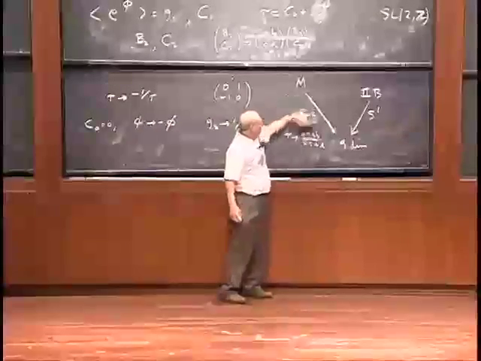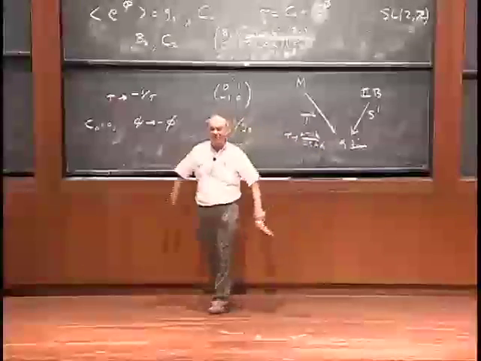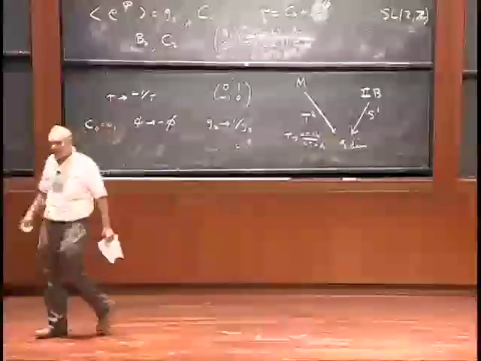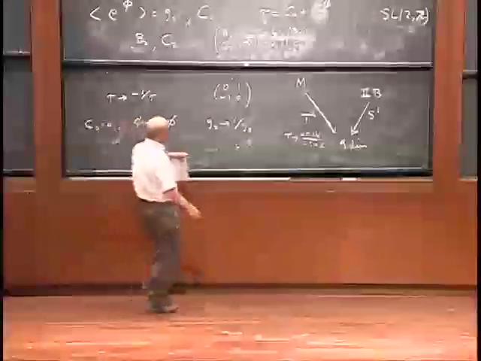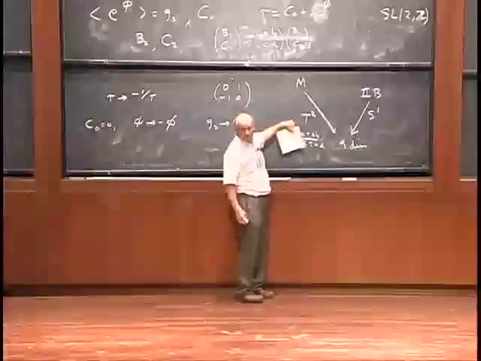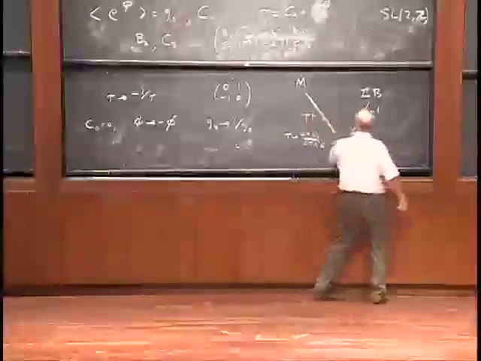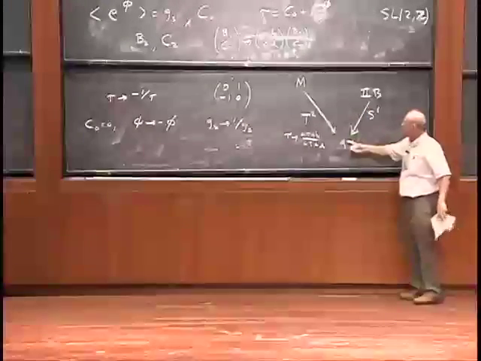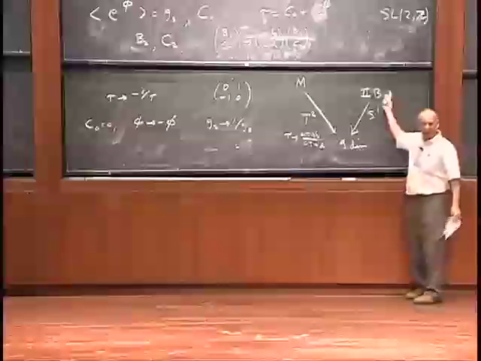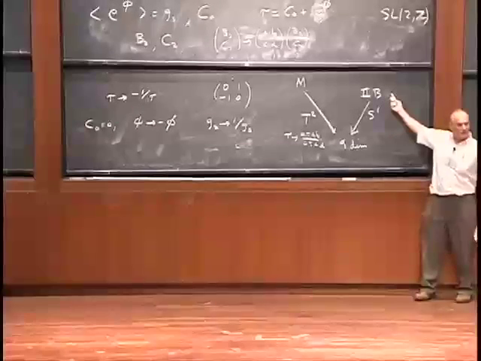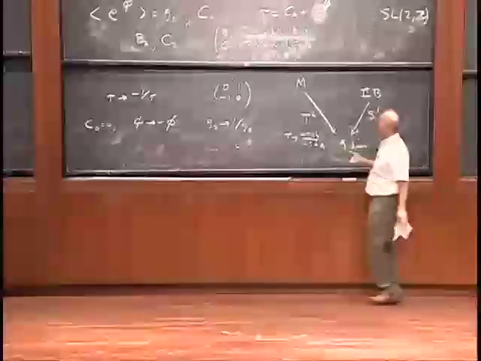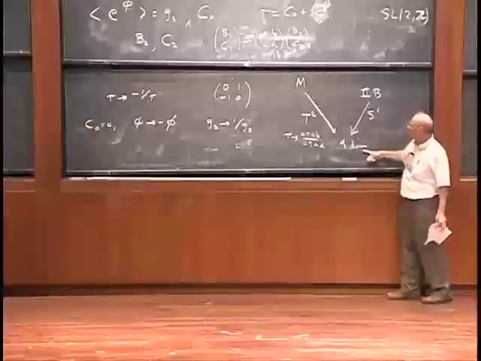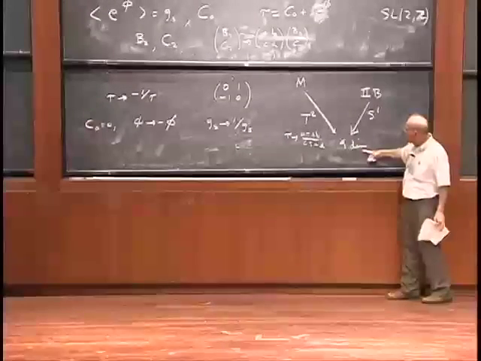So M theory on a T2 has what you might call a geometric duality, a relatively trivial duality, which is this SL2Z, which is just the modular group of the torus. But from the point of view of this 9-dimensional theory, that turns out to be the same SL2Z as the non-perturbative symmetry of the type 2B theory. So you deduce in this way that this 9-dimensional theory has an SL2Z symmetry.